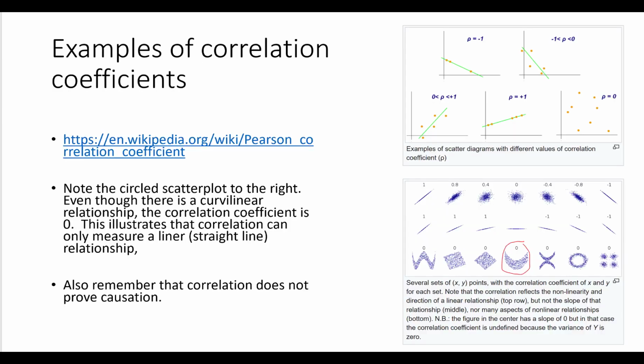We can understand what a correlation coefficient is measuring by looking at scatter plots of two variables, one plotted on the x, one plotted on the y axis. Here in this slide, I have a few links and a few extra pieces of information on correlation coefficients. And you can see here a perfect negative relationship.